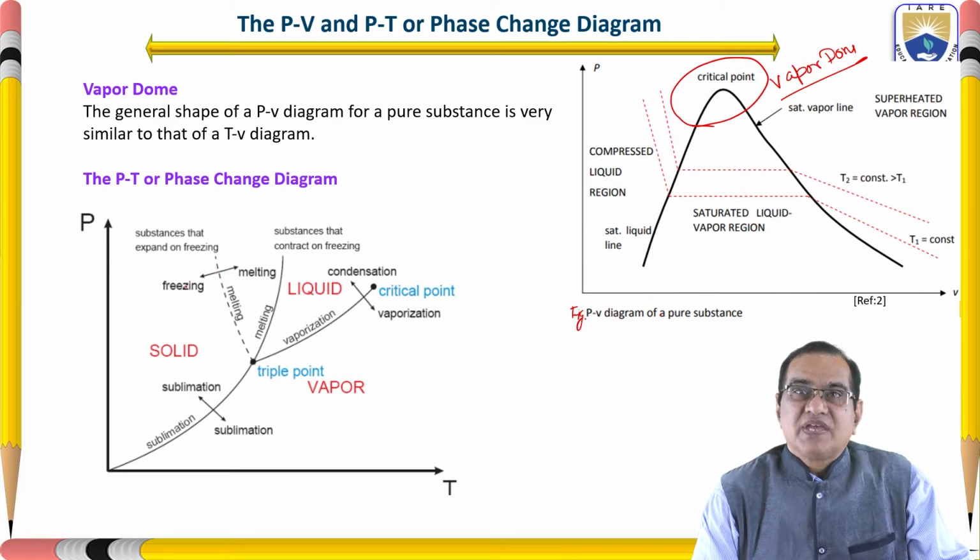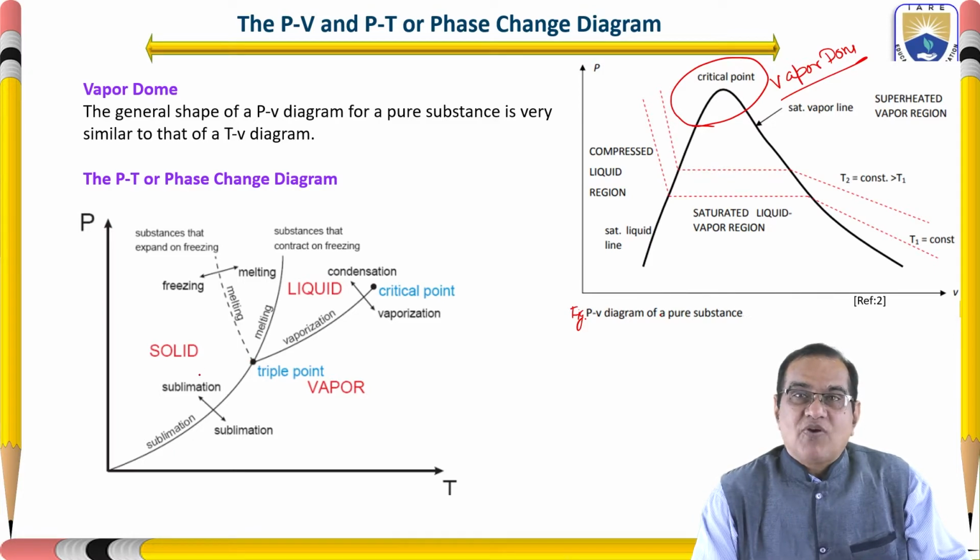So if it is frozen and you melt it, it will expand. Then there is the substance that contracts on freezing. Here is condensation from vapor to liquid, and liquid to vapor is vaporization. This is melting, and this is sublimation.